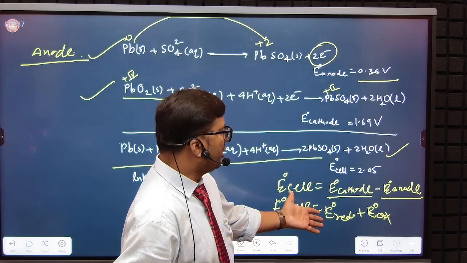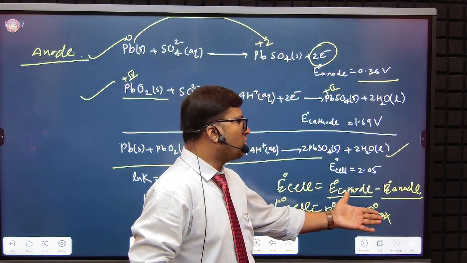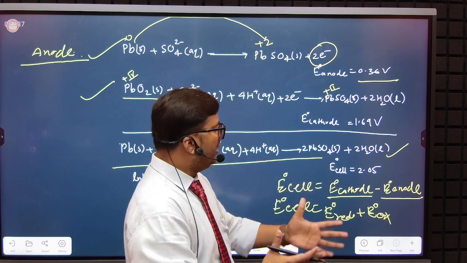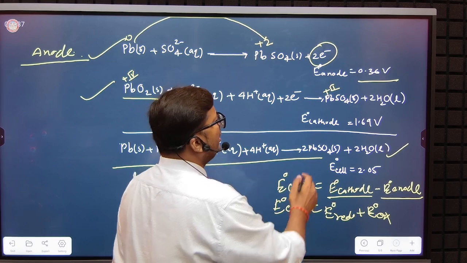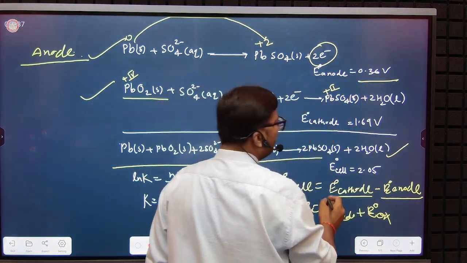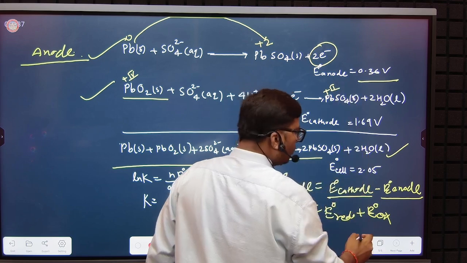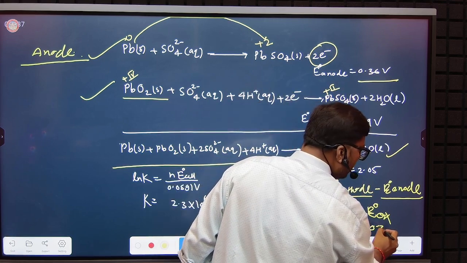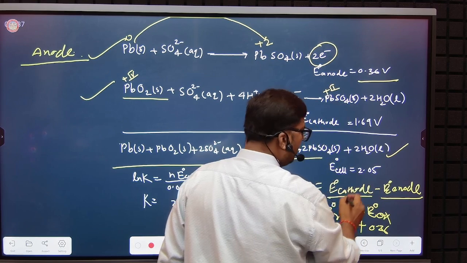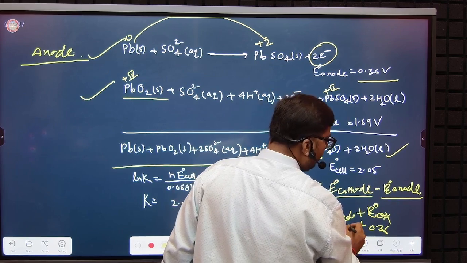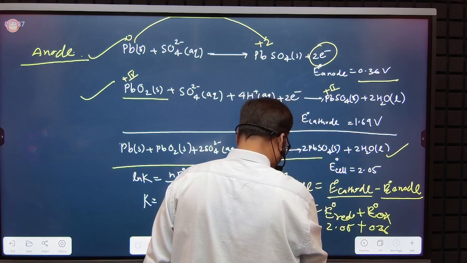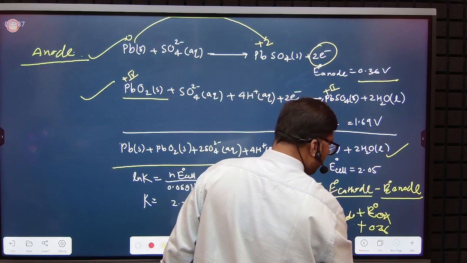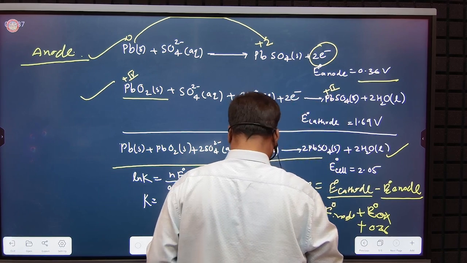Standard reduction potential plus standard oxidation potential, if you add these two values, will give the electrochemical potential. So here 0.36, that is the oxidation potential, plus 1.69.